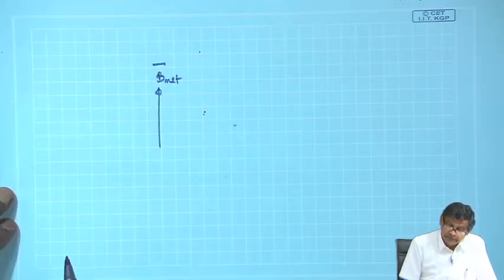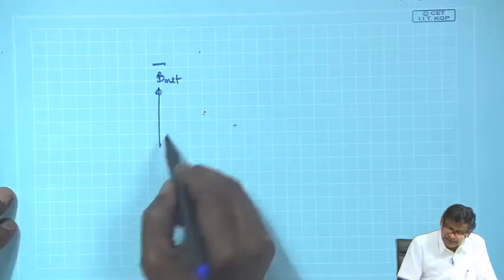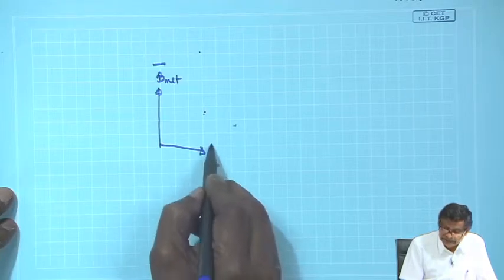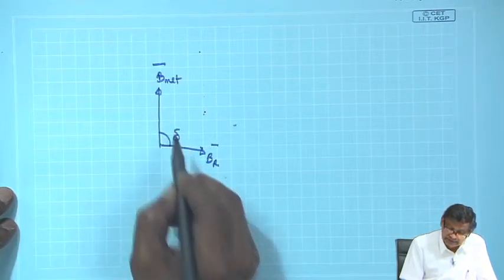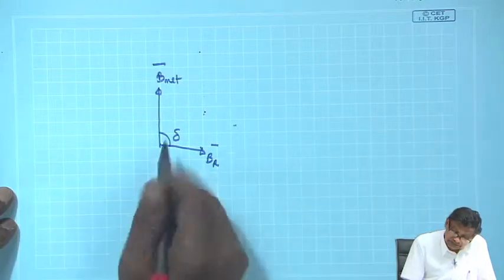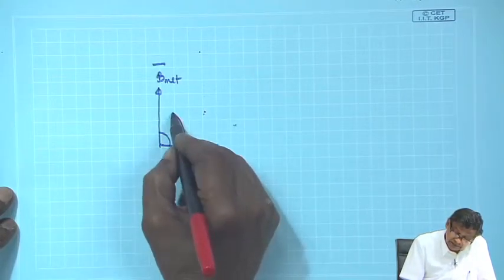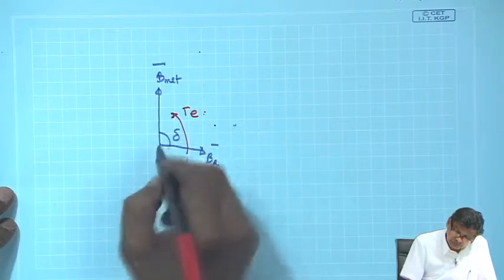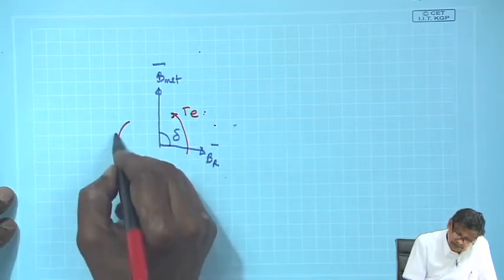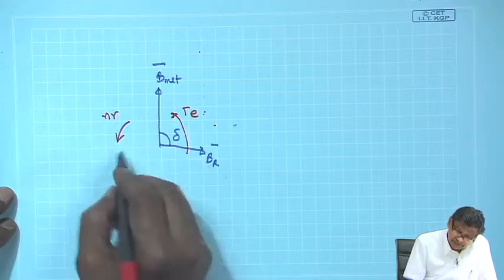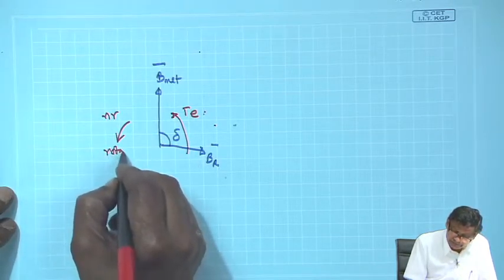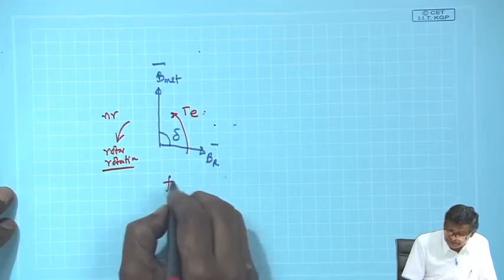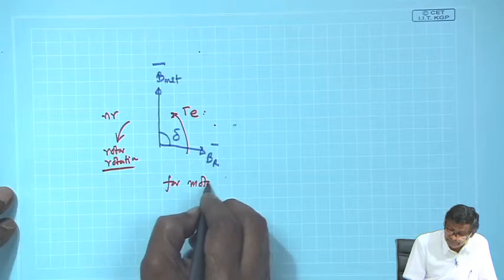B net, rotor field BR will be there, this angle is delta, and this will be the situation, and electromagnetic torque is in this direction, direction of rotation of rotor N R also in the same direction. This is for motor mode.